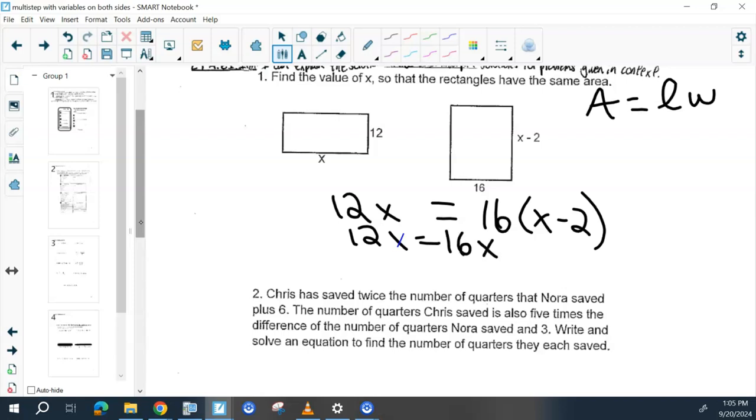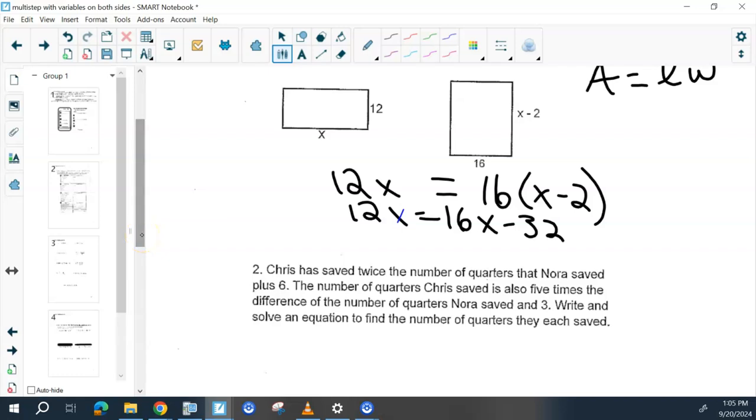Go ahead and distribute the 16. What would our next step be? So instead of subtracting 12, let's subtract 16. That way we still have something on this side. If you subtract 12, you're going to end up with 0 and both things on this side. Then you're going to have to move something back.